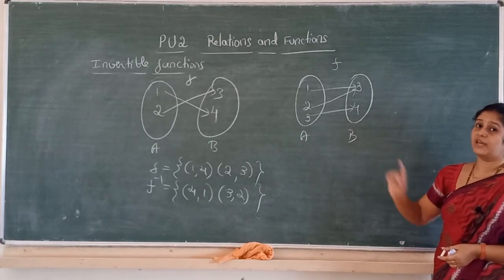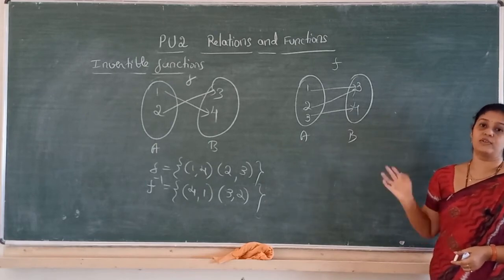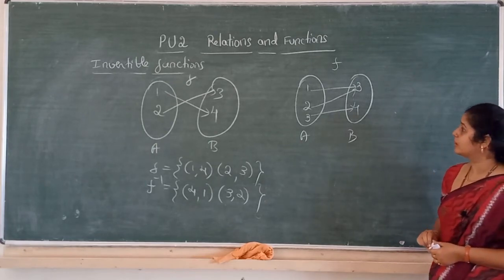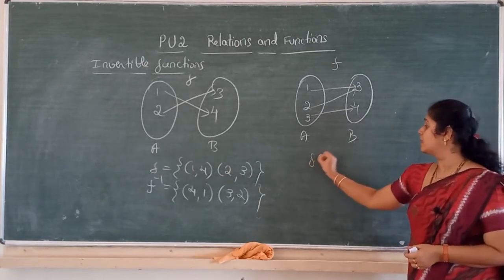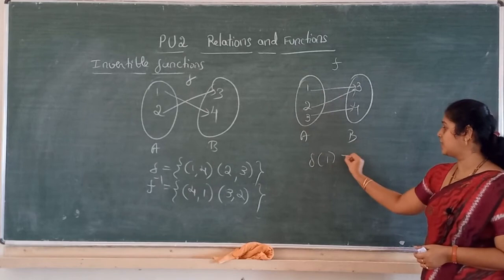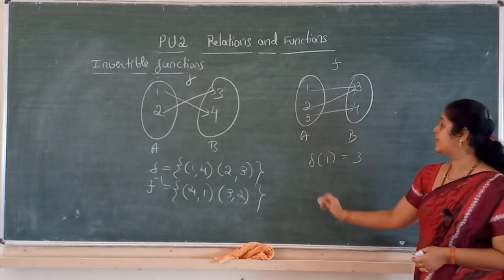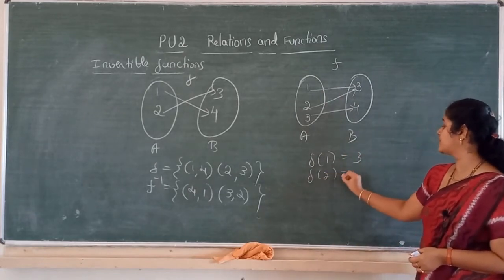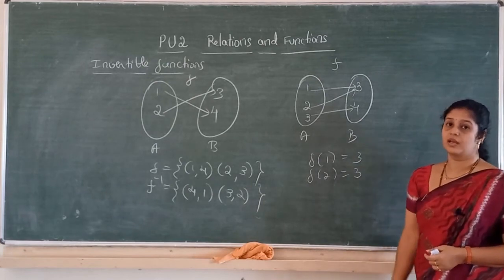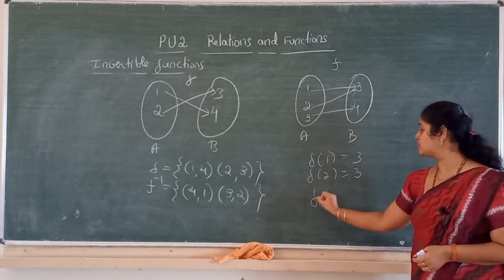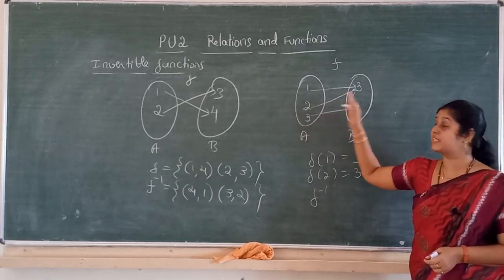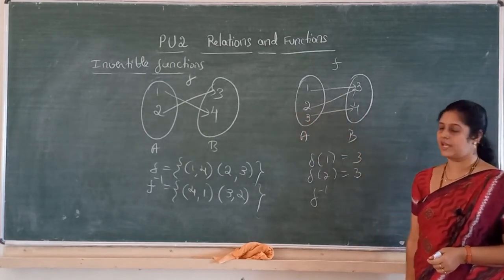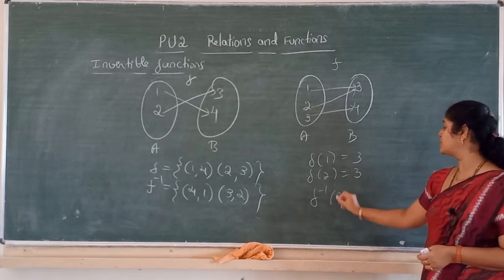What about the inverse? Does f inverse exist here? f inverse means we have to define from B to A. If f of 1 is 3, and f of 2 is also 3, then what is f inverse of 3?